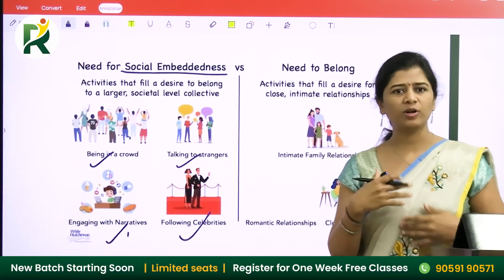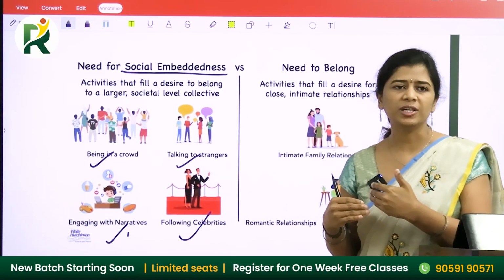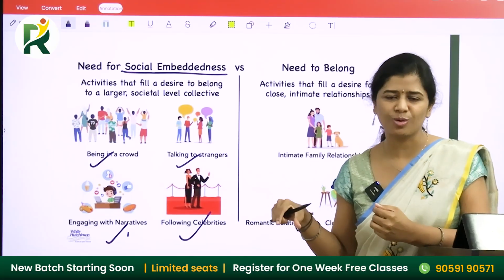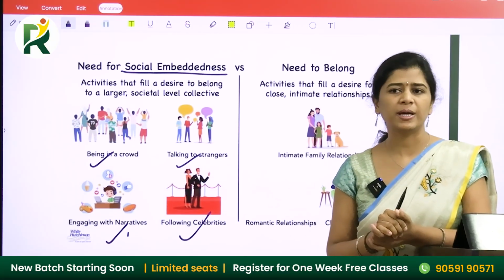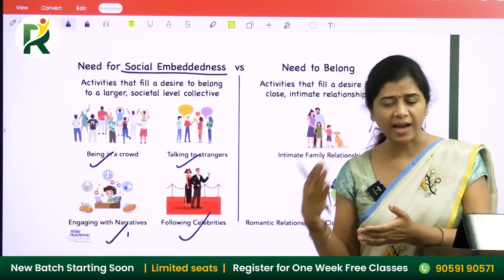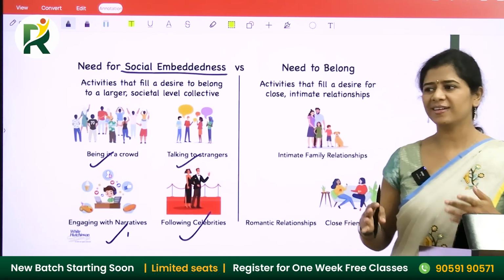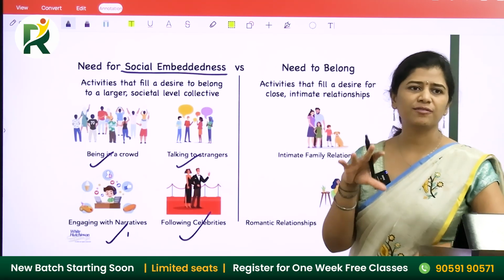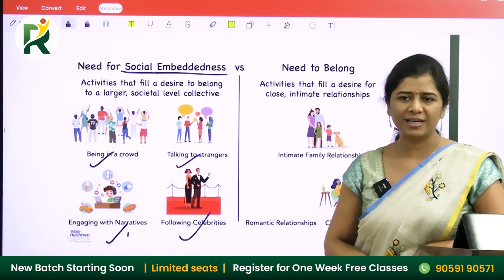So I keep on telling you, with some movies we have to learn something and we have to use them in our answers also. Movie is not just for entertainment purposes. We tend to get many useful things from movies which we can use in our exams. It's not like whenever there is a tough essay given, you just come up with the story of Bahubali and keep on completing the papers.